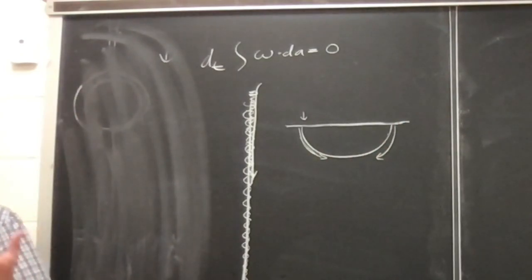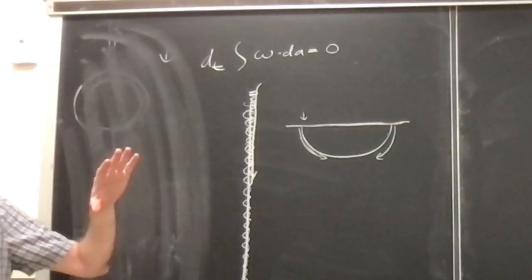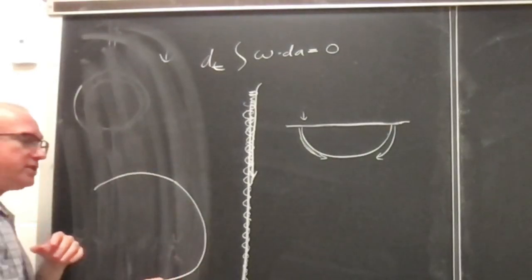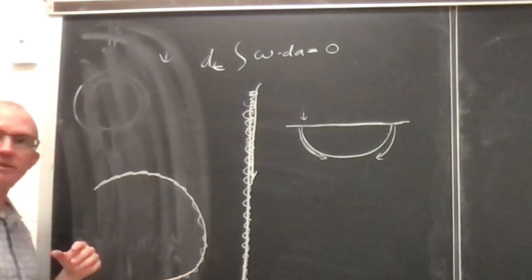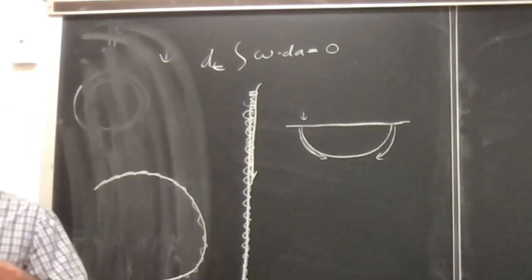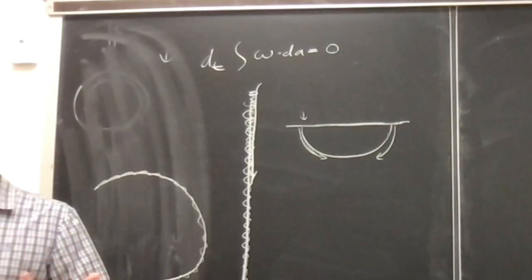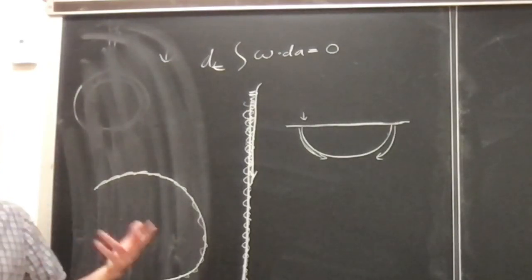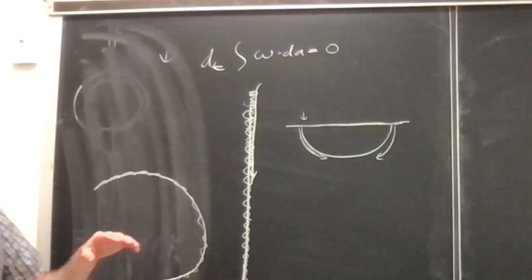That's exactly the same math, though very different physics, as having a huge magnetic field on the sun and having material constrained to move along the magnetic field, because the magnetic field and the vorticity obey an identical evolution equation, which is kind of magic, which is why I can teach it in this class, because it's really the same physics.